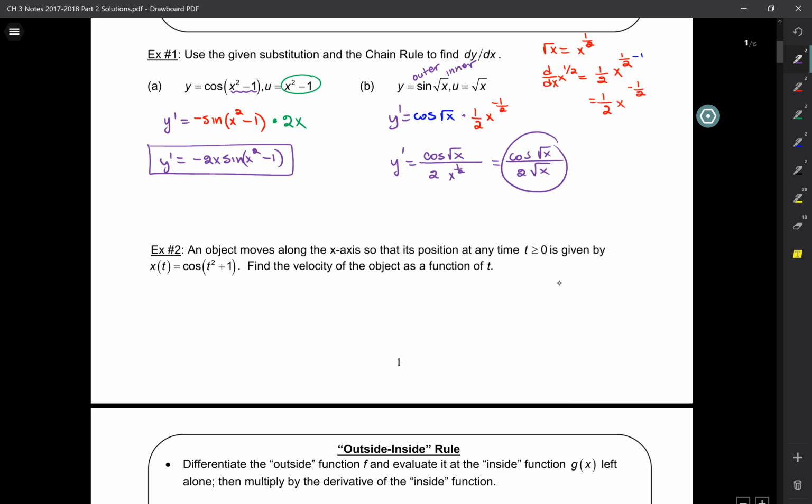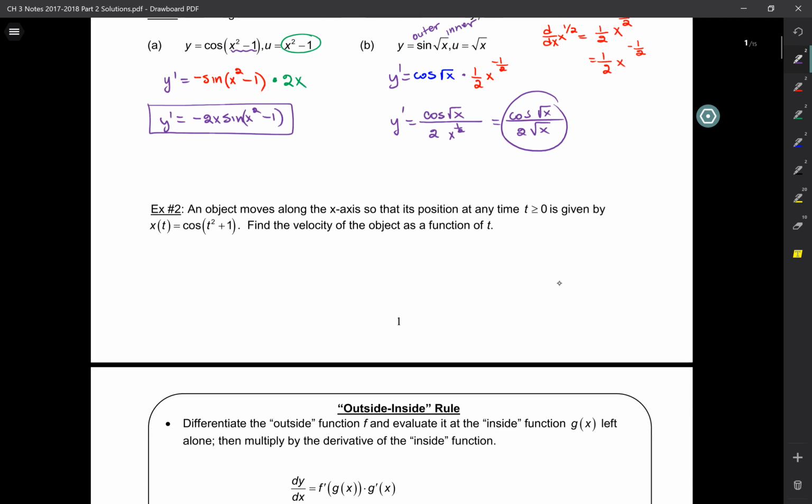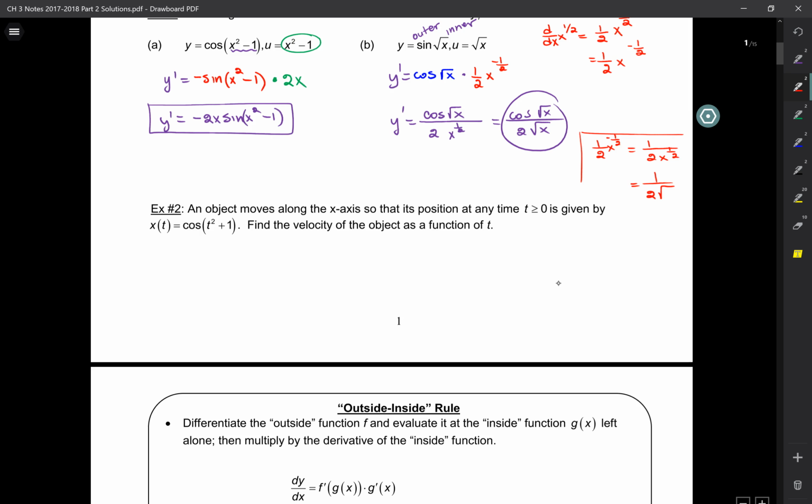Okay? Yes, so let's think about that one more time. So what we got was 1/2 x to the negative 1/2, which means the x to the negative 1/2 is going to move down, right? So it's going to be down here, x to the half, which will be 1 over 2 root x, right?